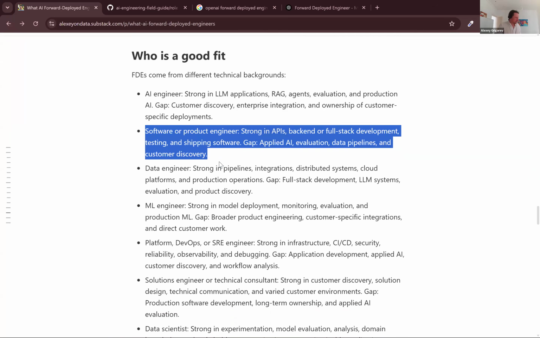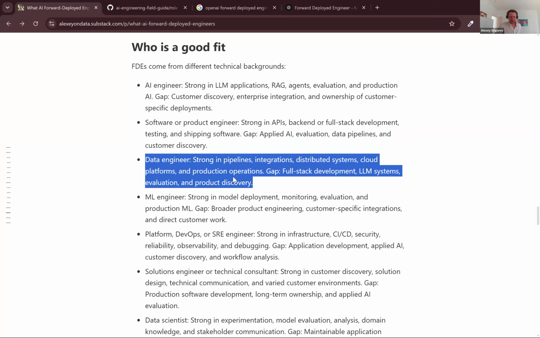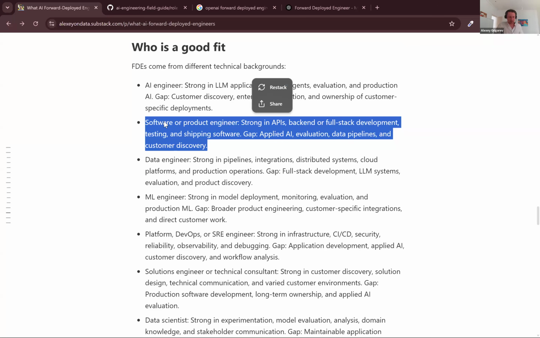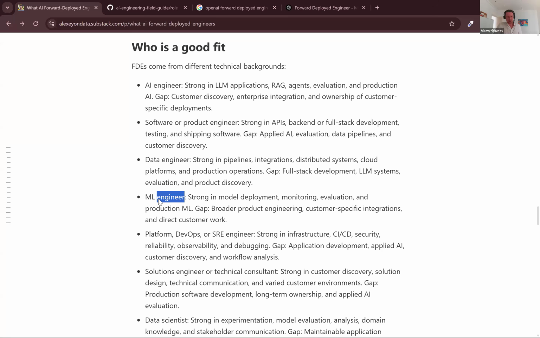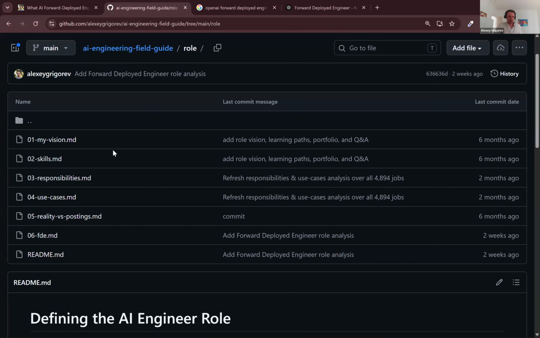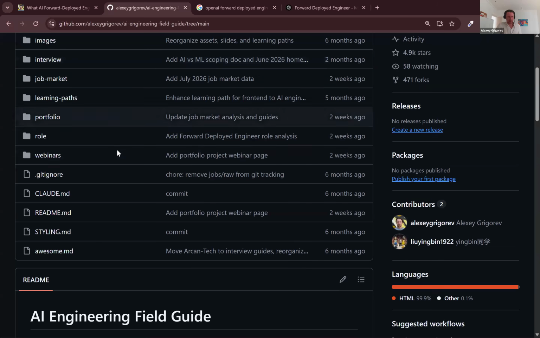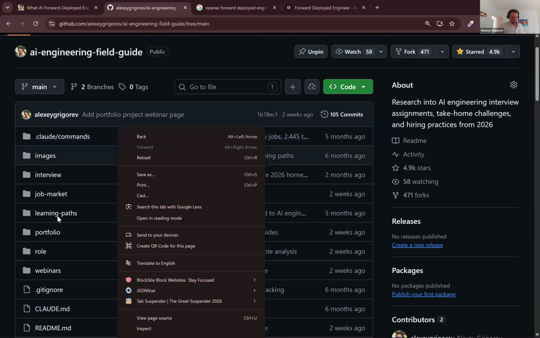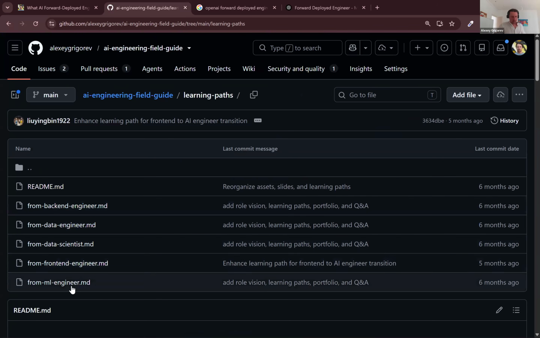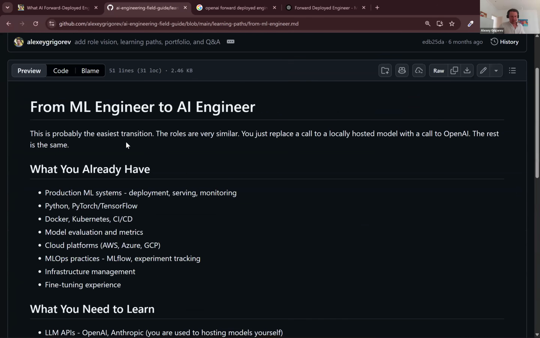not something that is too difficult for software engineers. Data engineers are kind of in the same bucket as software engineers. ML engineers are very close to AI engineers. This is what I observed in this AI engineering field guide. This repo focuses more on AI engineering rather than FDEs. From what I see in the learning paths, for ML engineers this is the easiest transition.